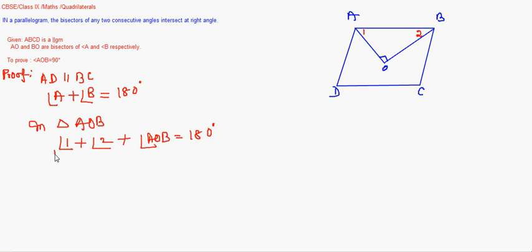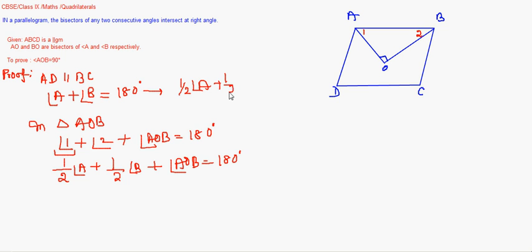Now angle 1 can be written as half of angle A plus half of angle B, angle 2 can be written like that, plus angle AOB is 180 degrees. Now if I continue, I divide the whole equation by 2, thereby making it half of angle A plus half of angle B will be half of 180, that makes it 90 degrees. And I substitute this equation in equation 2.